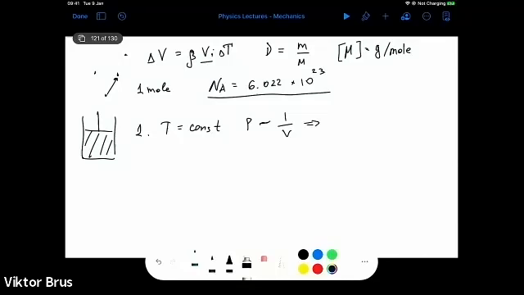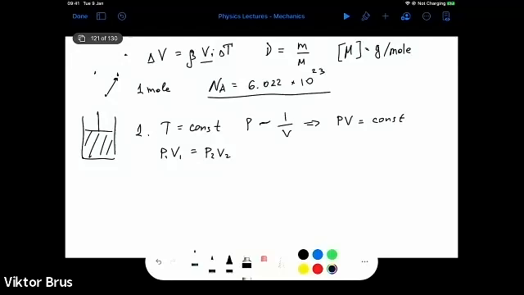From here we can write that the product of pressure and volume is always constant. So if we compare 2 different states of this gas, state 1 and state 2, and the process of going from state 1 to state 2 was isothermal, at constant temperature, then we can write that P1 times V1 is equal to P2 V2. That is Boyle's law.